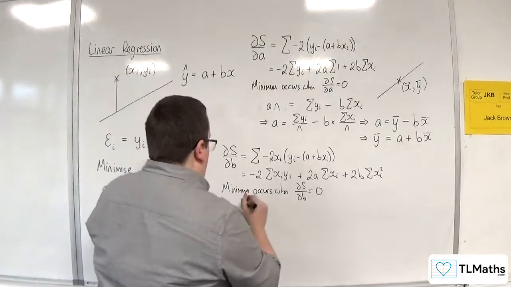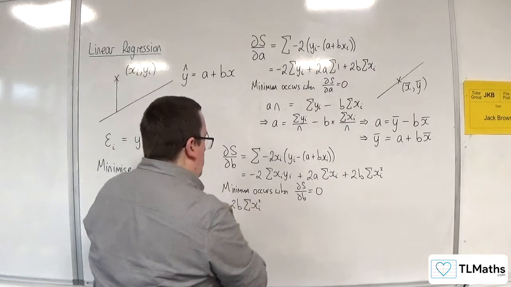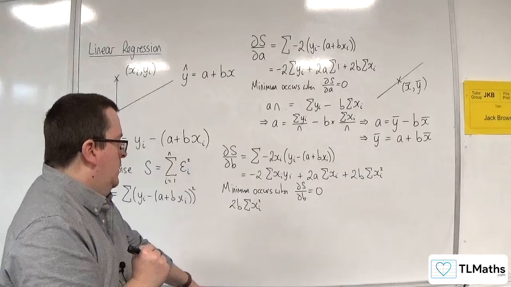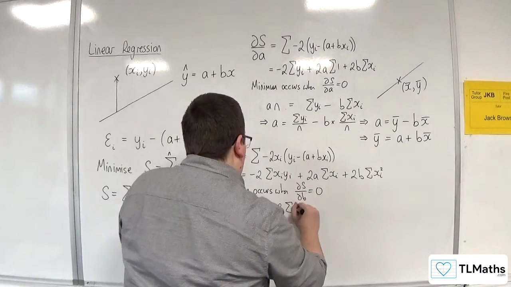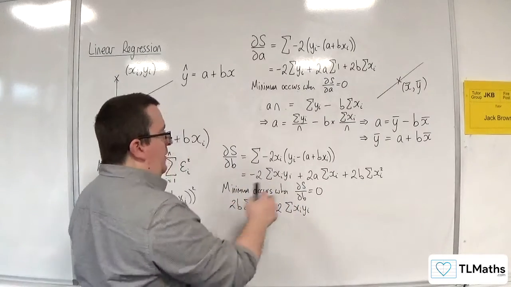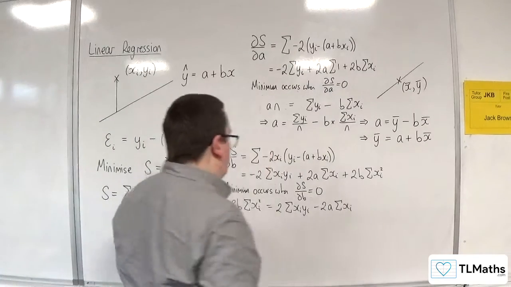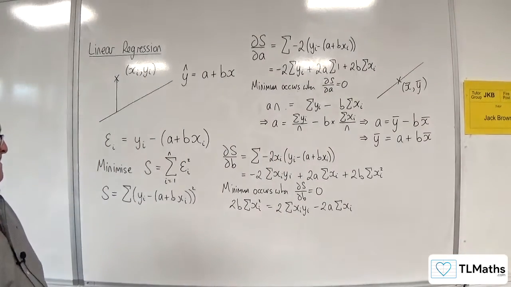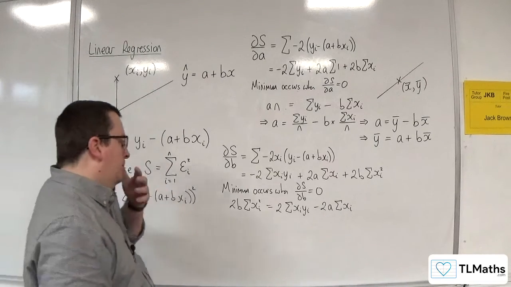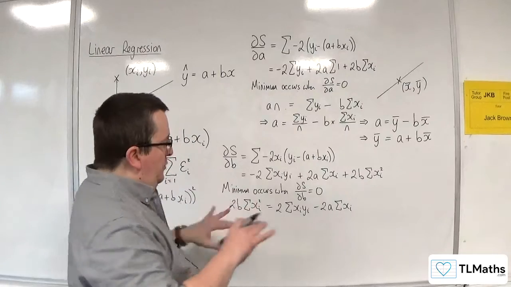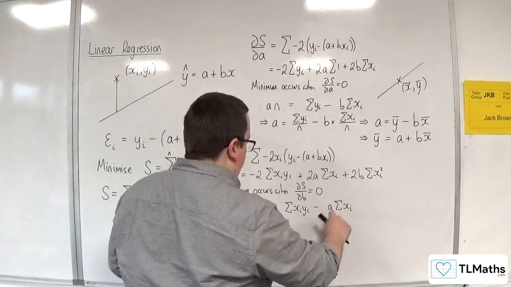So I'm going to write that as 2b times the sum of xi squared is equal to 2 times the sum of xi yi, so I've moved that over to the other side, and then take away 2a times the sum of xi. Now, clearly the 2s can go. Divide through by 2.